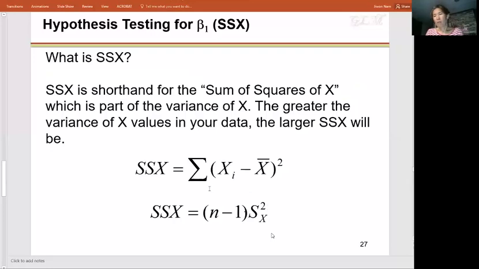Mathematical statisticians already proved this formula, so we just borrow it. How convenient. We just apply this formula to our data analysis. That's it.